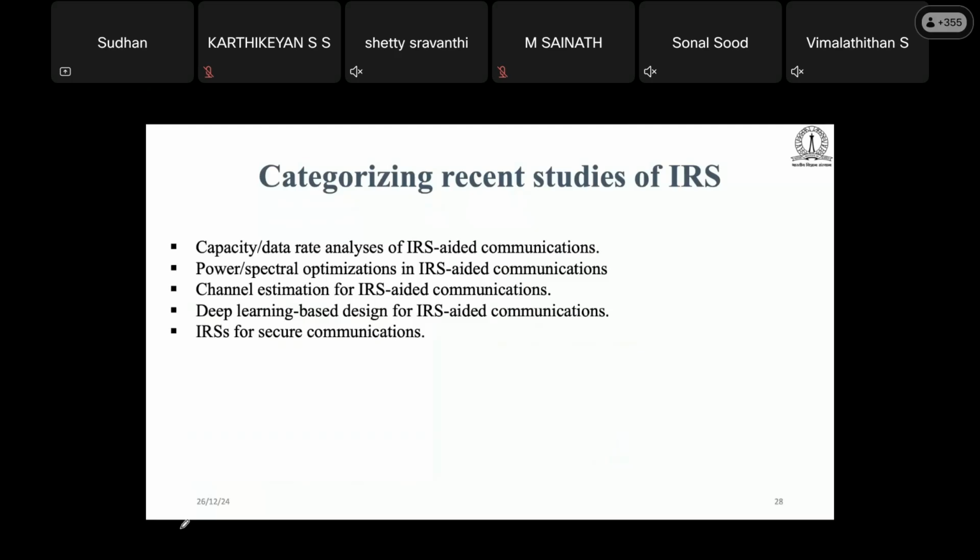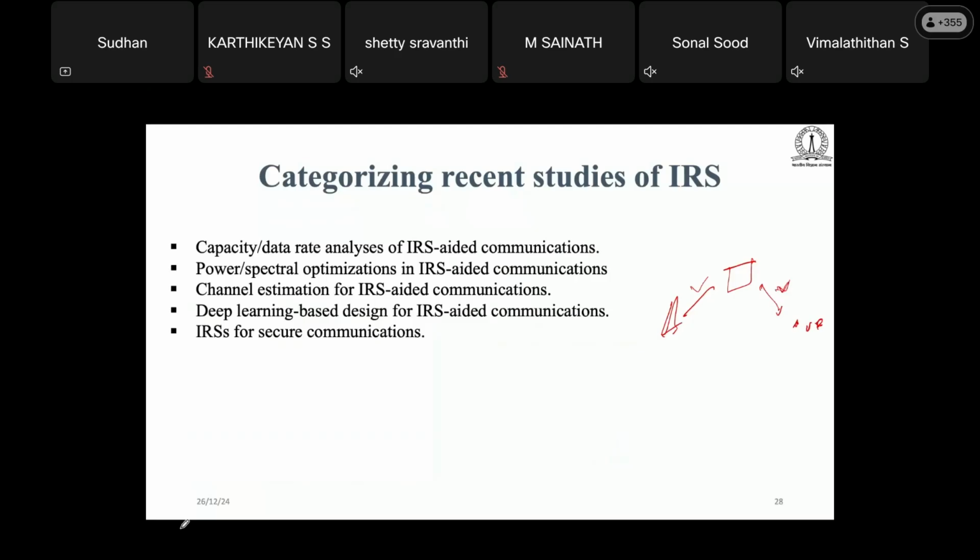But sometimes there is a requirement of estimating the individual channel. Individual channel means there are two air links, right? One is base station to IRS, another is IRS to user equipment. I'm talking about this channel. Estimating the overall channel is fine, but estimating individually is not easy. But sometimes there is a requirement for this.